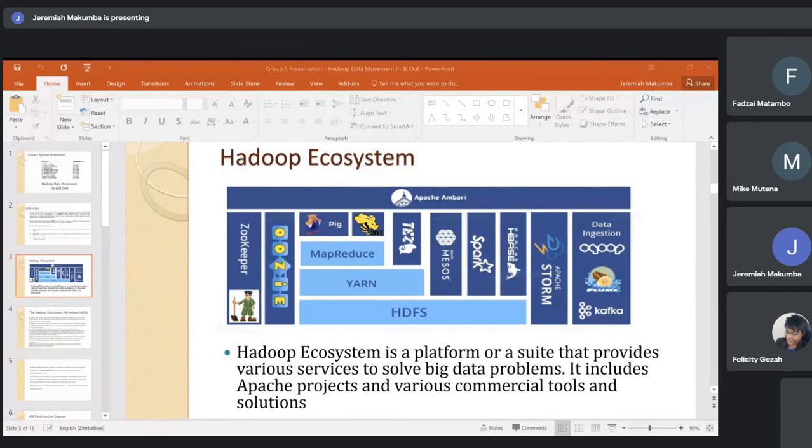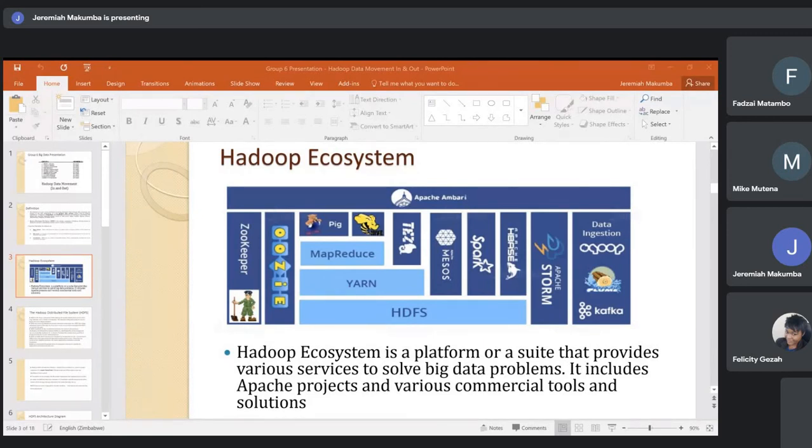Now we are linking it to the big data lifecycle. Our data comes in various forms: structured, unstructured, semi-structured. We have the part called data ingestion, where there are three components: Flume, Kafka, and Sqoop. They help to store that data.